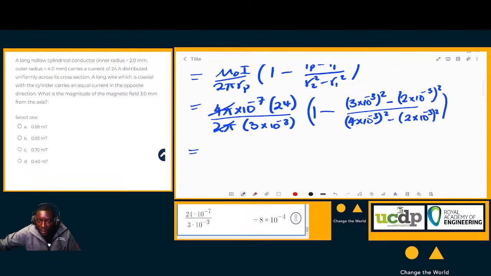Then the other bracket is 1 minus another fraction, which is 3 times 10 to the minus 3 squared.